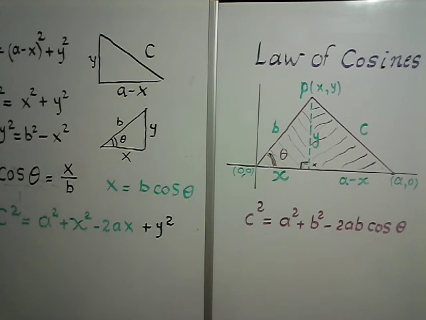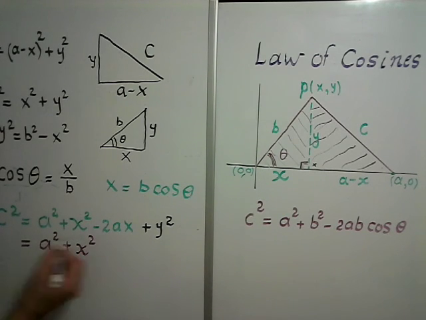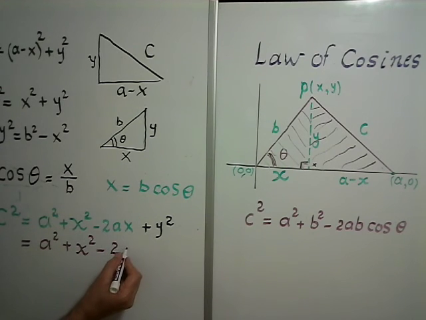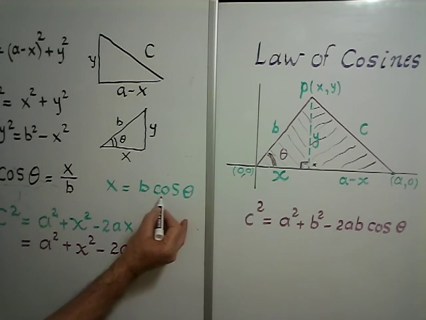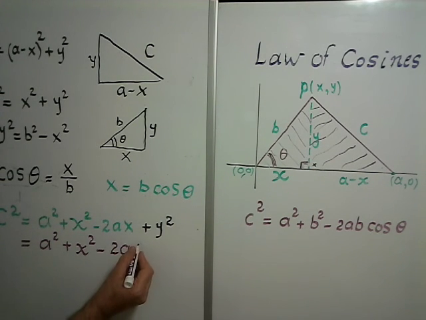By making substitution, you can here get c squared is equal a squared still here, and let me keep x squared in this step also without making any substitution about it, and negative 2a times x, now we just put b cosine theta.